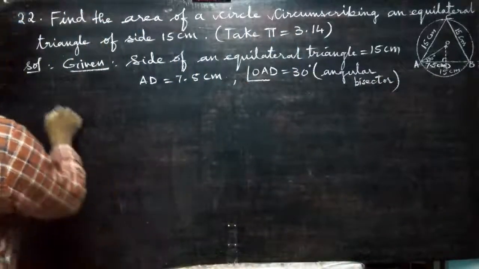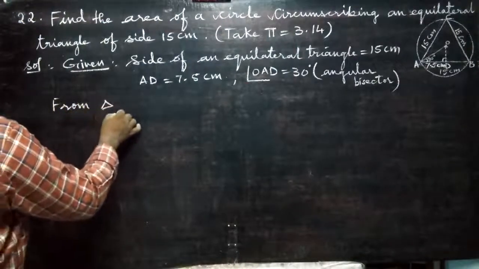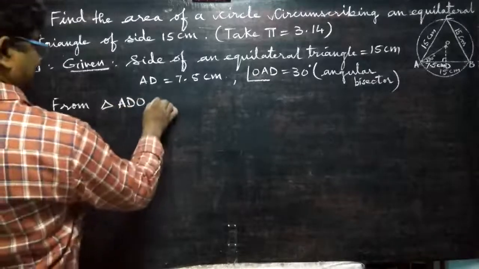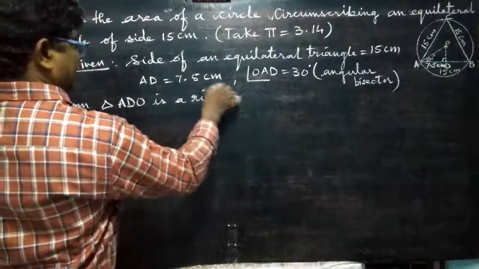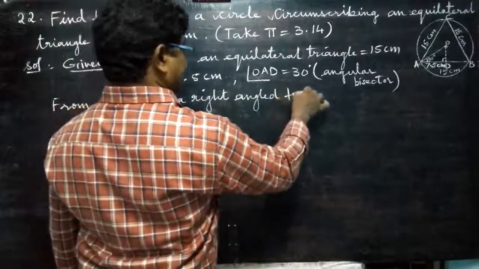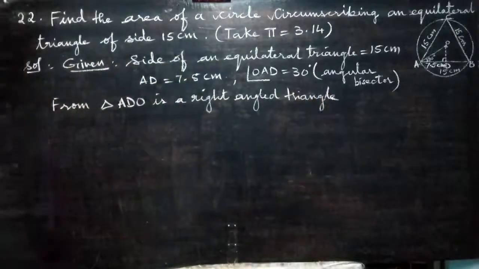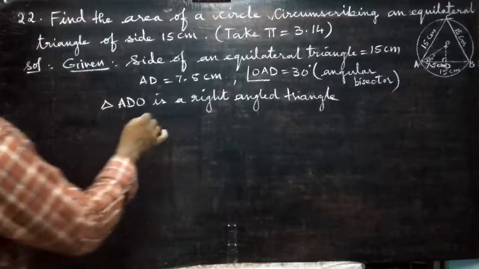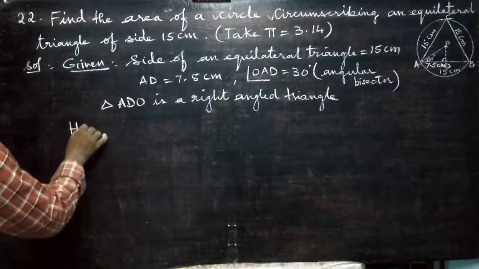Now, from triangle ADO, which is a right angled triangle, immediately we know the theorem.